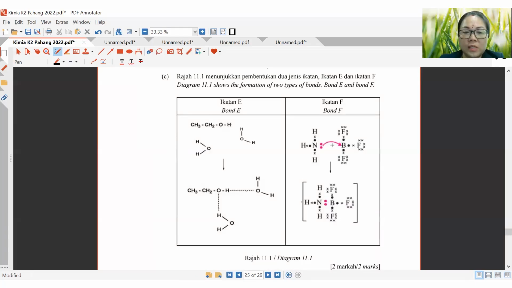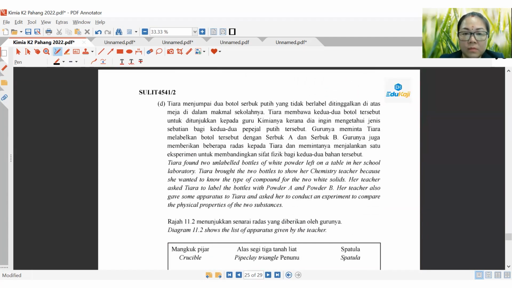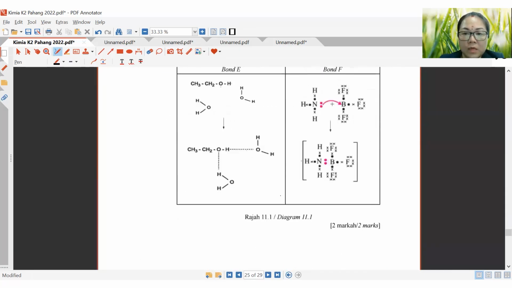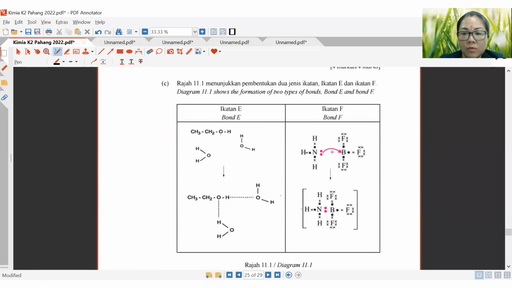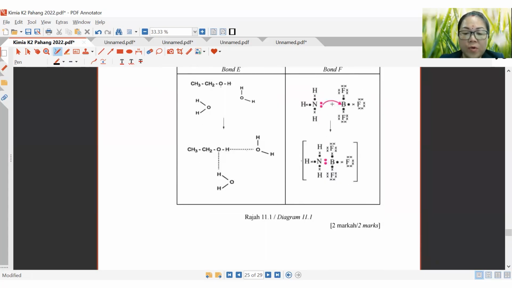Okay? Now, let's look at question C. This question C is diagram 11. Diagram 11.1 shows the formation of two types of bonds, bond E and bond F. I think they want you to state what is bond E, what is bond F. So for bond E, what is bond E? Bond E is hydrogen bond.